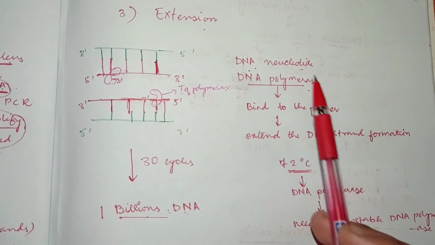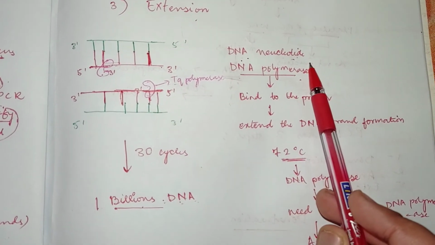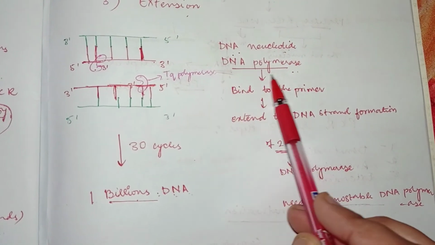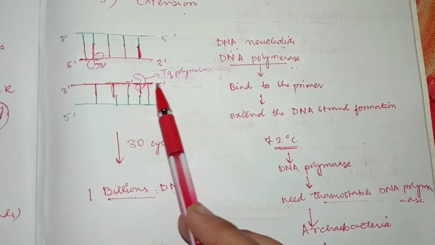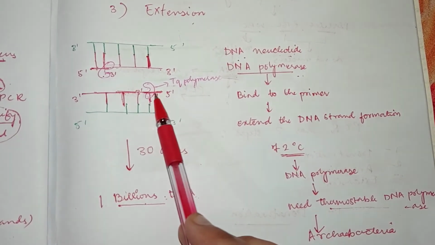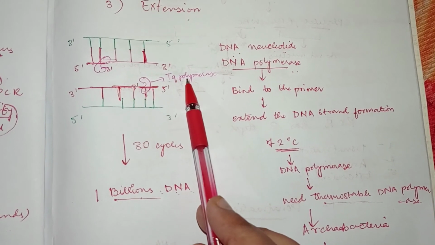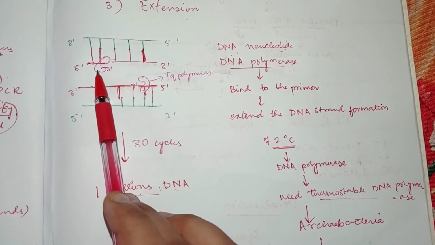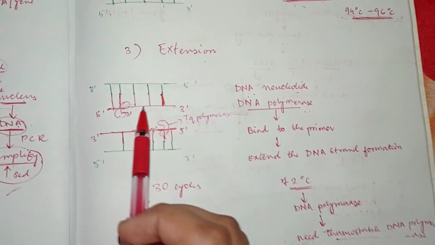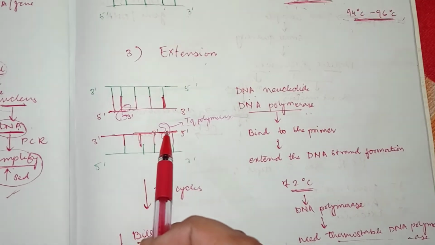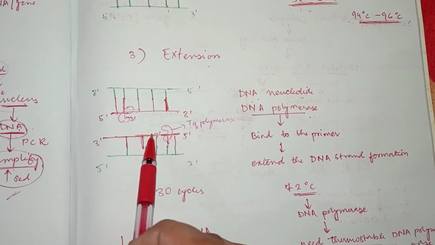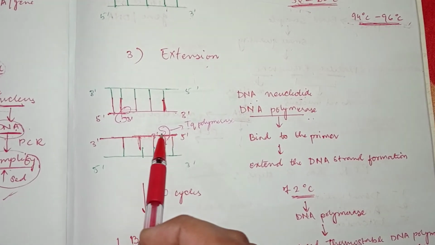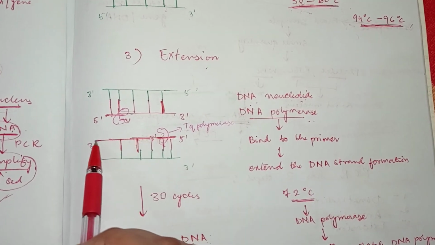In the extension step, we need DNA nucleotides and DNA polymerase enzyme. This DNA polymerase enzyme binds to the primer. See, the Taq polymerase enzyme binds to the primer. Here also the Taq polymerase enzyme is bound to the primer. And with the help of this Taq polymerase, we extend the DNA strand replication. The DNA nucleotides present in the reaction are added by it and the whole strand is formed.